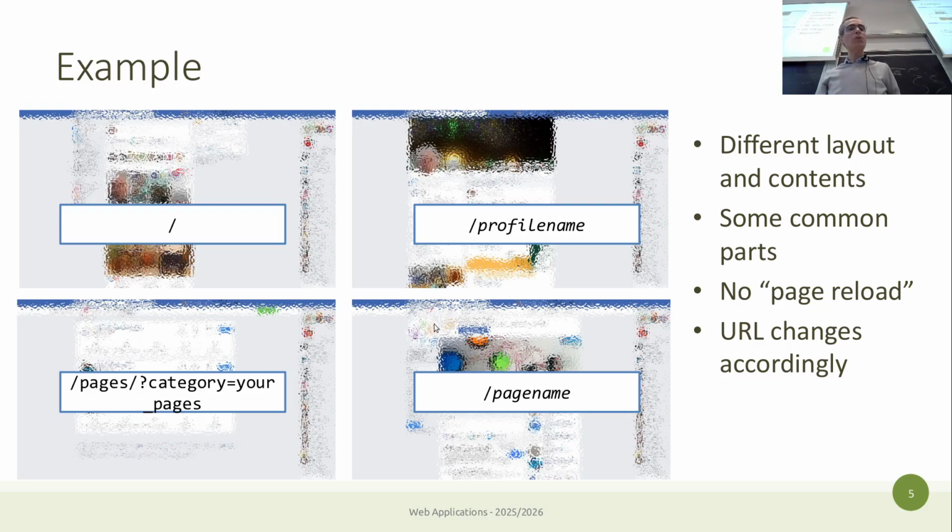But if you look at the URL, it changes depending on the view. Not at every click, but in different views, like a landing page, a page with your profile, or a page that shows the posts, you have different URLs. And this is very, very convenient.